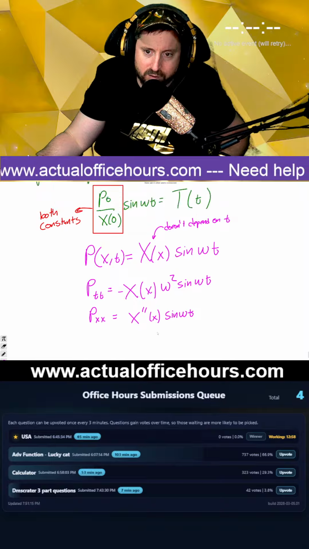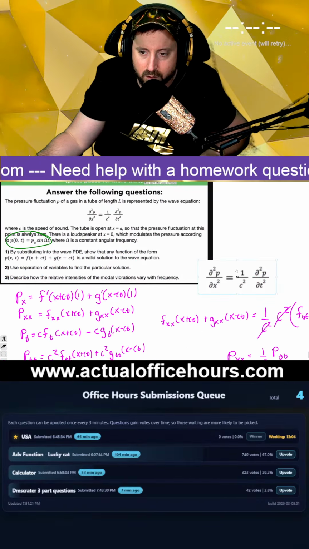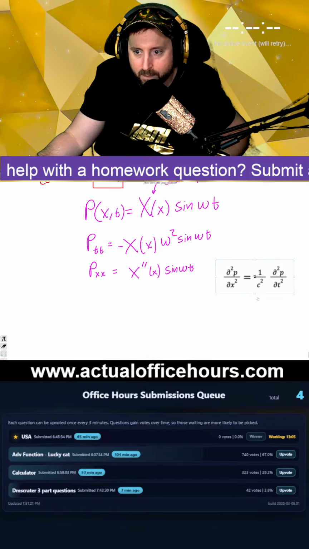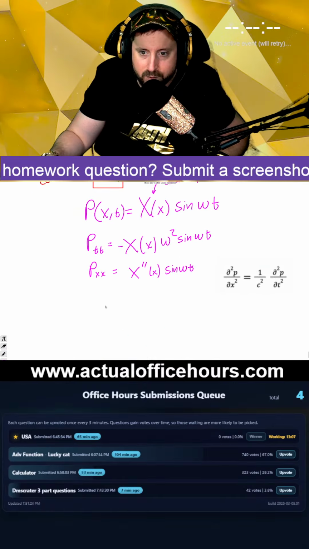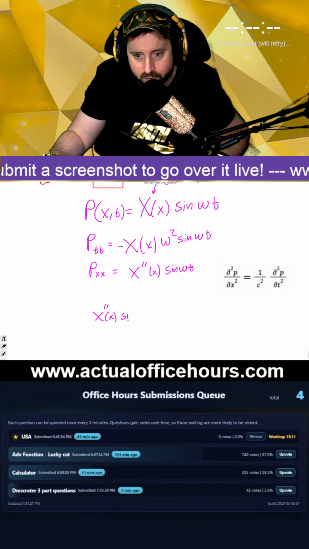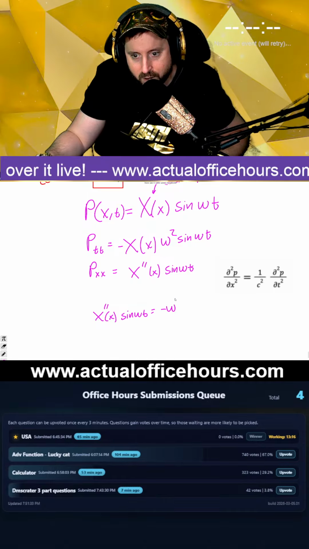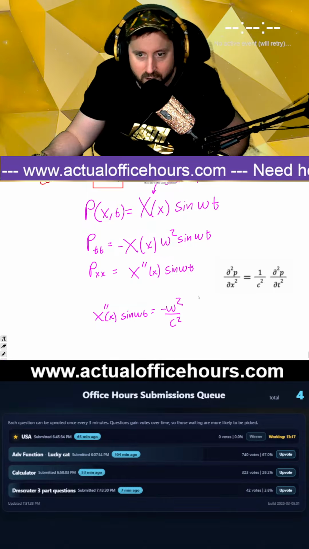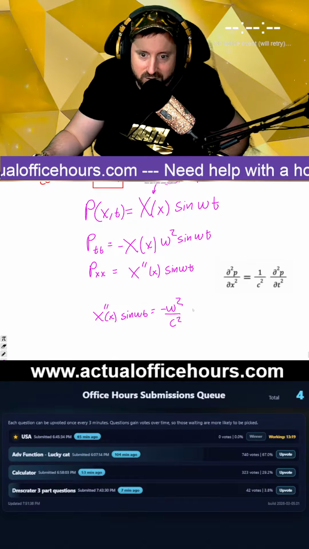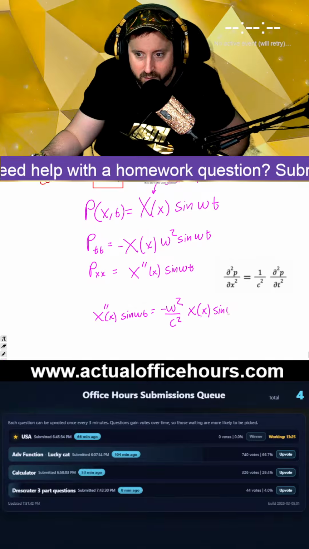And then do I slam this back into the wave equation? Yeah, you plug that back in. So p_xx gives you X double prime of x sine omega t is equal to negative omega squared over c squared X of x sine omega t.